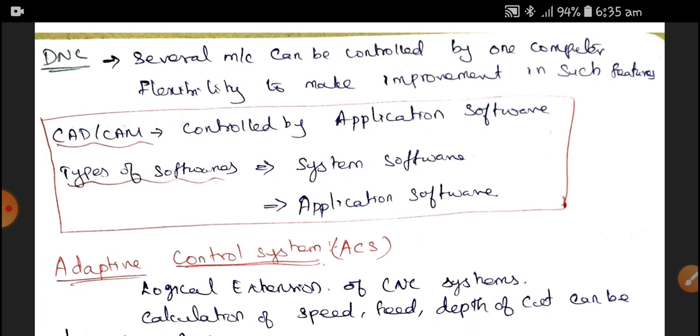I hope you can understand what is meant by system software and what is meant by application software. If we install Windows 7 or 10 or Linux, this is called system software. If you want to draw a diagram or make a model, we can use AutoCAD, Creo, NX CAD, CATIA, like that.